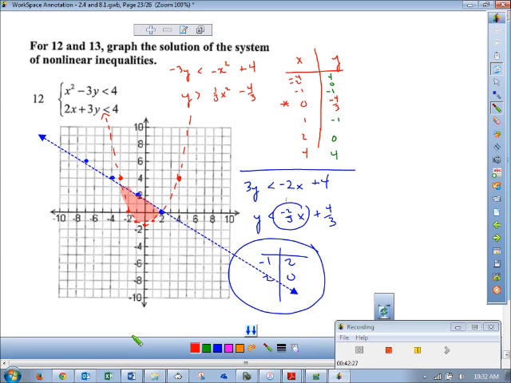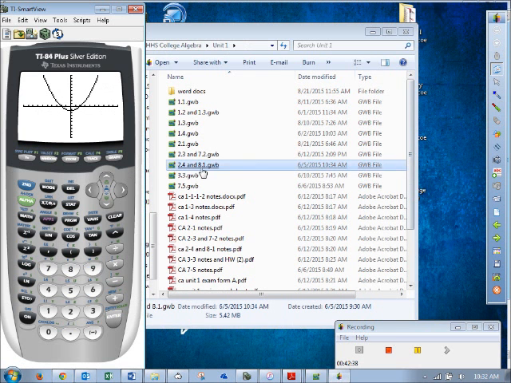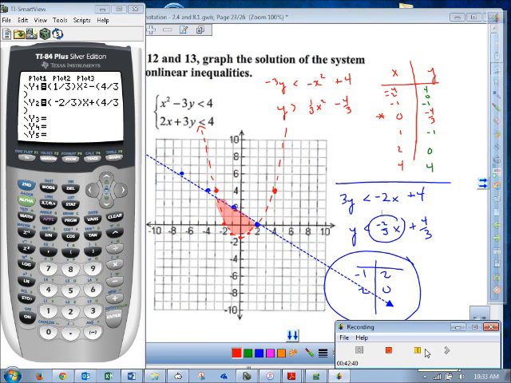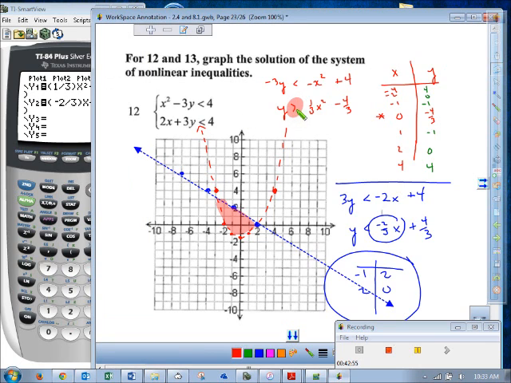Cool? You could have also done this. I will show you something on your graphing calculator. If you have them both in your graphing calculator, which I do, and you know where the symbols are, because y is all by itself. If you go back to our cool little hover thing to the left right here, on the first one, wasn't that a greater than, which means you shade above, correct?